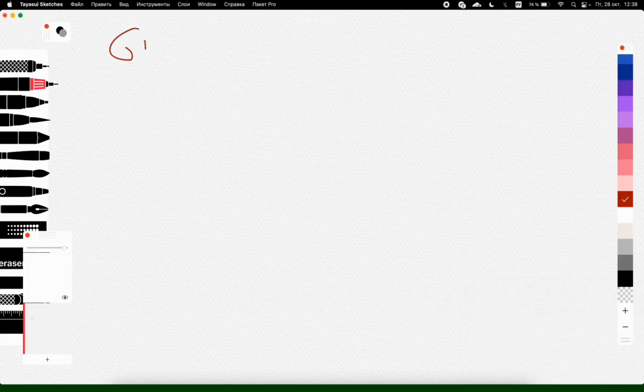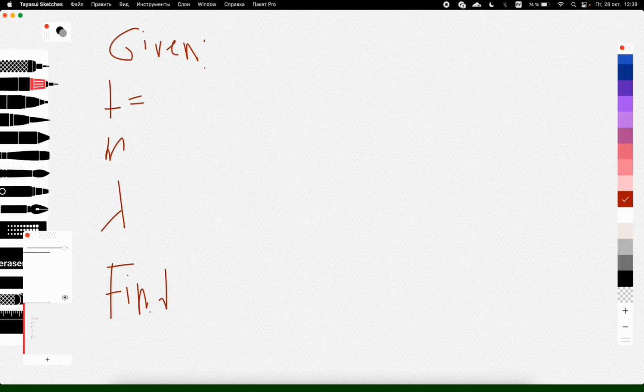Firstly we write what is given: t, mass, lambda, and delta T, which we need to find.